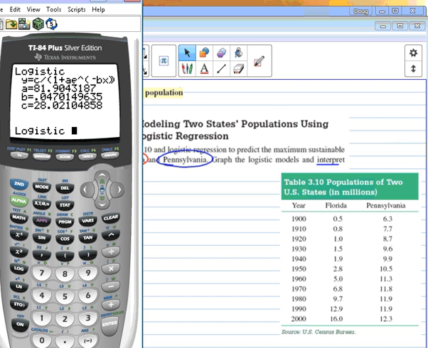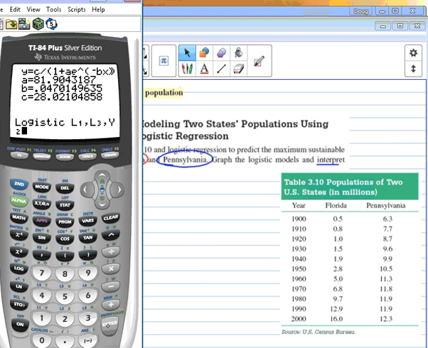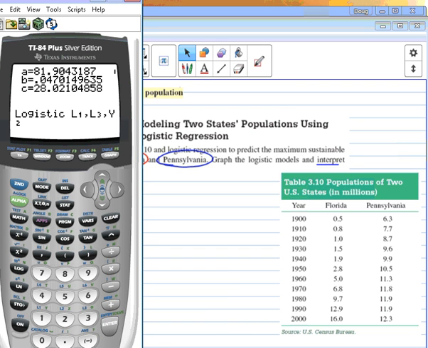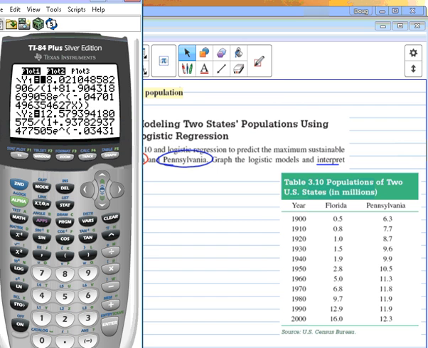And then I am again going to tell it, second 1, list 1, comma, list 3, comma, my variables button, arrow to Y variables, select function, and this time I want to put it in the Y sub 2 location. And then when I hit enter, it'll think about it and calculate the logistic regression. There we go, a little faster this time. If I hit the Y equals button, I not only have the Y sub 1, but there I have the Y sub 2 already entered for me.